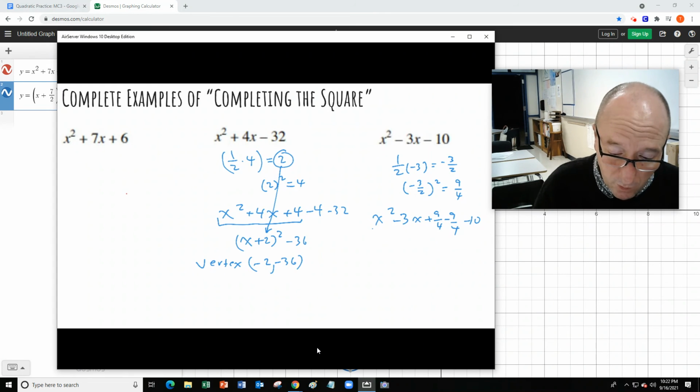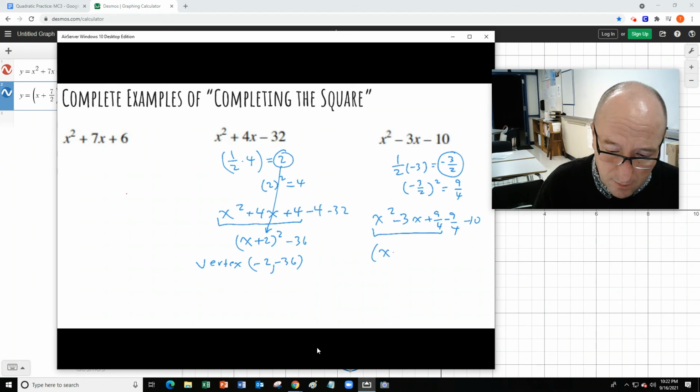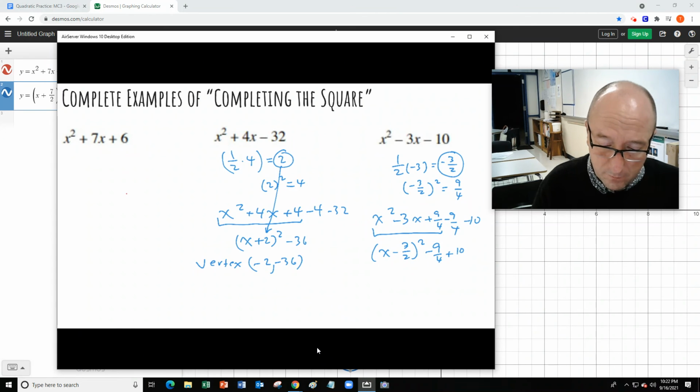Now I'm going to make a perfect square out of the first 3 terms by taking that piece up here, x minus this -3 over 2, and I'm going to go x minus 3 over 2 squared minus 9 over 4 plus 10. And then I'm going to add together the minus 9 over 4 plus 10, and I believe that would be -9 over 4 plus 40 over 4, right?